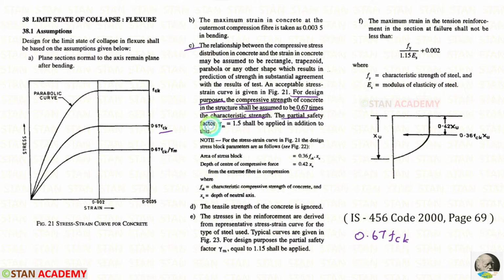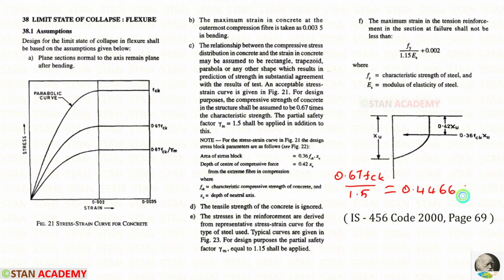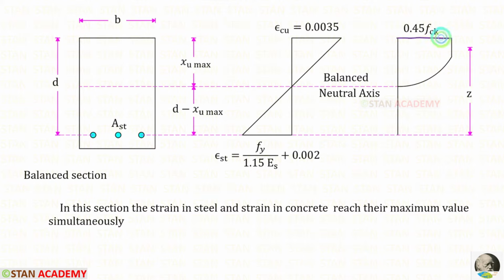The partial safety factor 1.5 shall be applied in addition to this. 0.67 fck upon 1.5 we will get 0.4466 fck. We can round this as 0.45 fck. So this should be 0.45 fck.